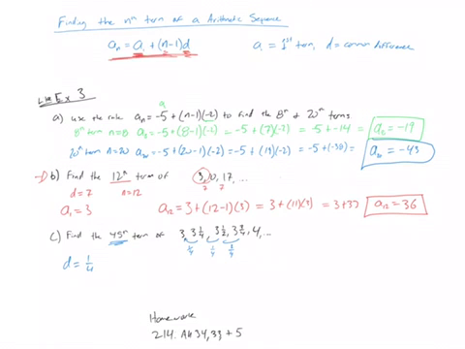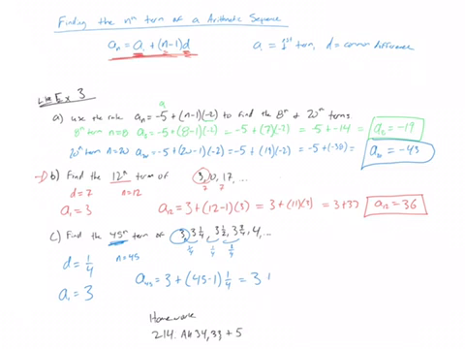Then my first term, my a sub 1, is equal to 3. So that means my n is equal to 45, because that's what they told us right up here. So a sub 45 is going to be my first term, which is 3, plus 45 minus 1 times 1/4.